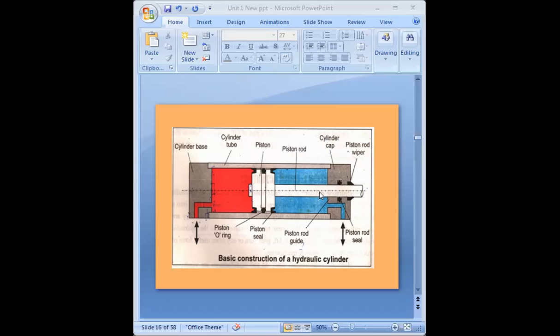That means it will come towards this cylinder cap, thus transmitting the linear motion to the element to which the piston rod is connected.